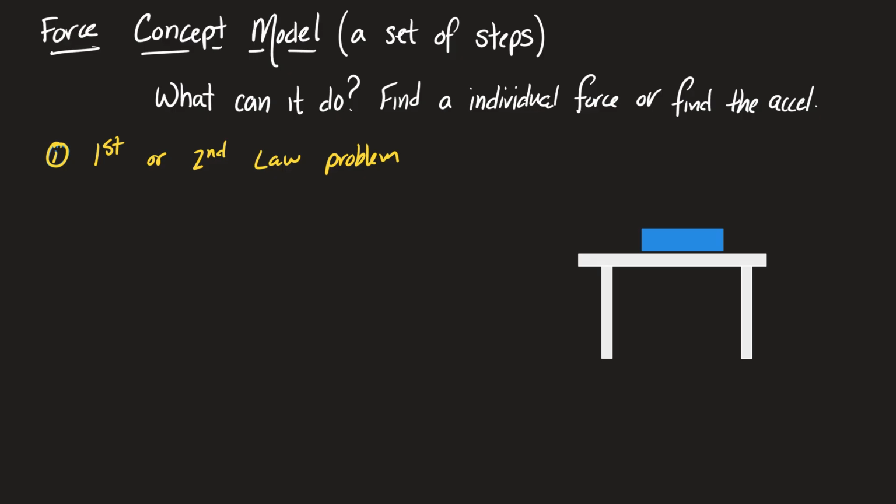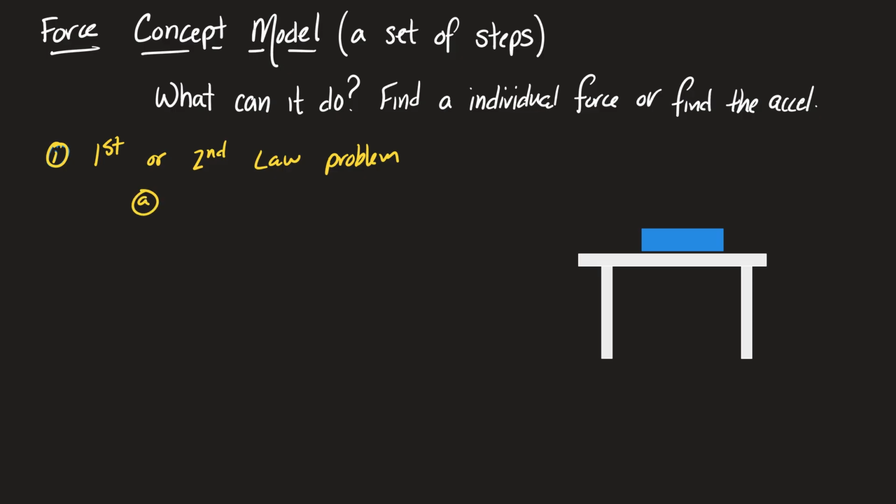But your biggest mistakes on all of your tests is not understanding a procedure. You'll have to memorize this procedure. So I'm actually going to do it in steps, just like this in front of you. And then every single time we do this, I'm going to have it up on the other screen, just the set of steps, just a set of questions you ask yourselves and how to apply these rules. So when you're asking yourself if it's a first or a second law problem, you're making a decision about how you're going to proceed. So here's the parameters.